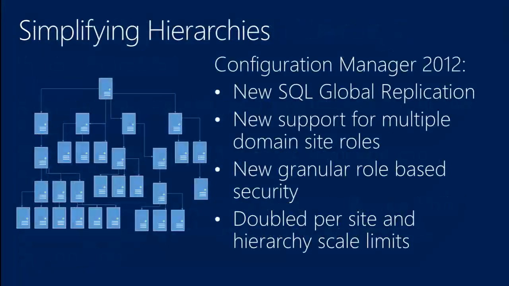But diving in more specifically about how we've simplified hierarchies, this picture right here, the very first picture you see from you, is actually an abstraction of a customer's hierarchy that was for 2007. In 2007, if you recall, and may not have to recall, you may have it right now, we had this idea of very deep hierarchies, but we also had an idea that every primary site was basically its own little kingdom.